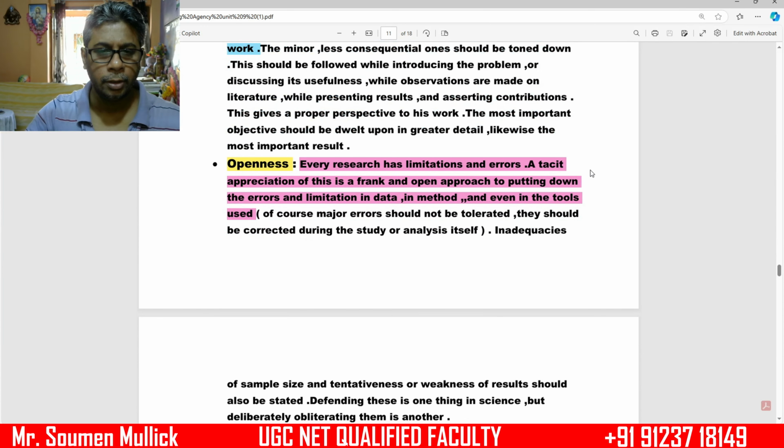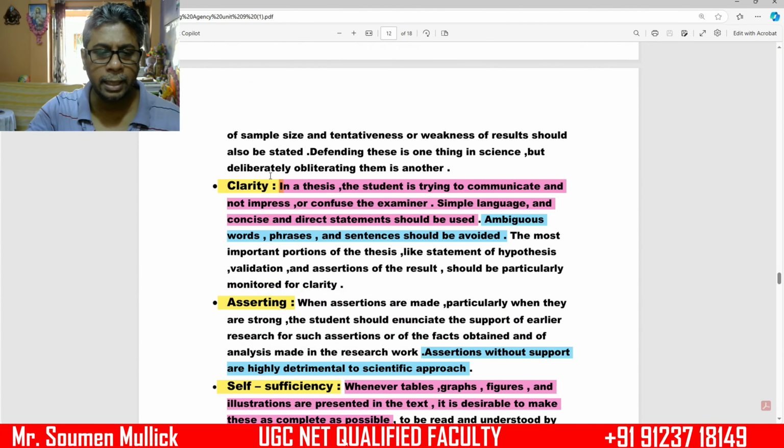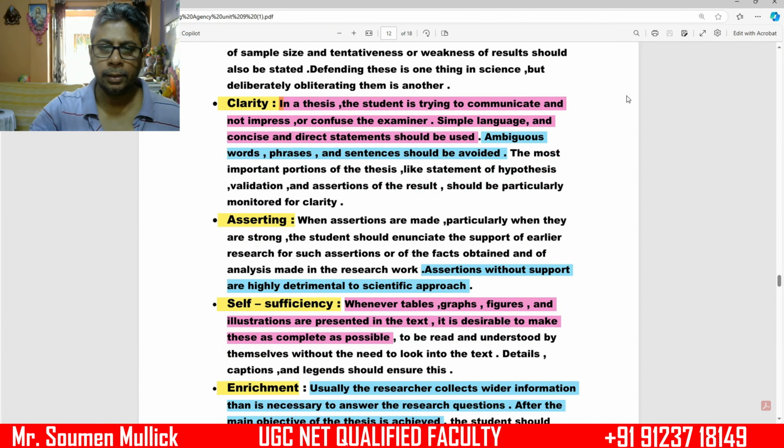Next is assertion. Assertions without support are highly detrimental to the scientific approach. Next, self-sufficiency. Whenever a table, graph, figure or illustration is presented in the text, it is desirable to make it as complete as possible. Next, enrichment.